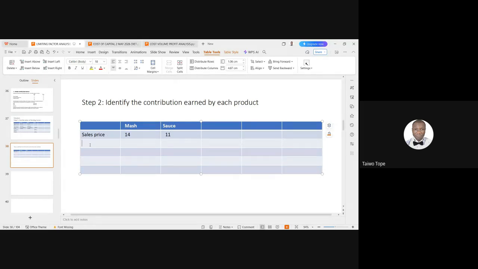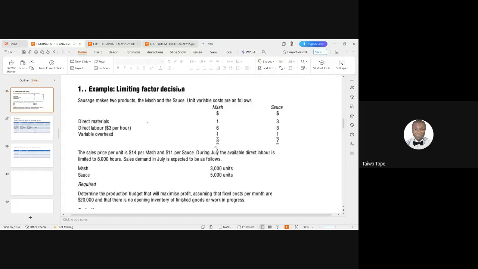The overall variable costs per unit for each. When you add everything, it is 8 here and 7 here.